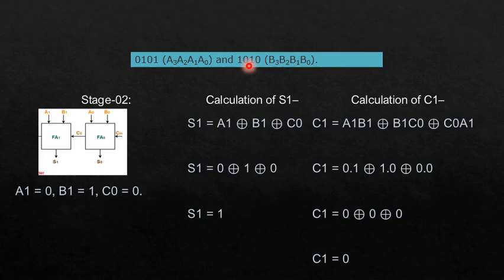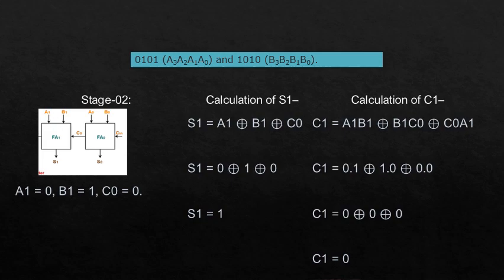So full adder B computes the sum bit and carry bit now. As per the inputs, A1 equal to 0, B1 equal to 1 and C0 equal to 0, we get S1 equal to 1 and the carry bit as 0, right?